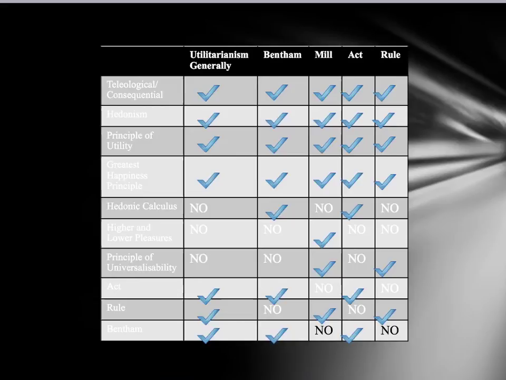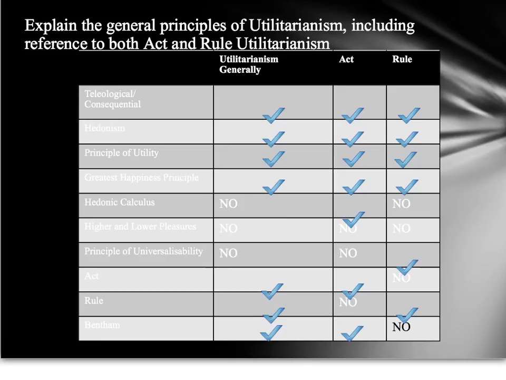Along the top are the different things you could get asked a question on, and so the ticks there show that if you got a question, for example, on Bentham, you would have to include teleological, hedonism, principle of utility, greatest happiness principle, hedonic calculus, act, and obviously talk about Bentham. Okay, so you can see that is a really nice way of seeing what should be included in different essays. So let's put that into practice.